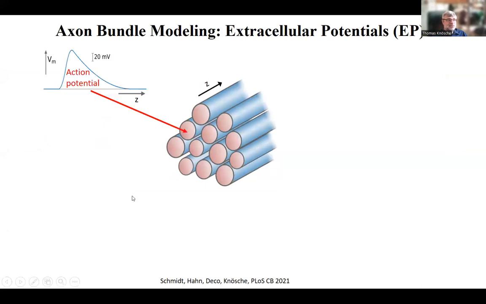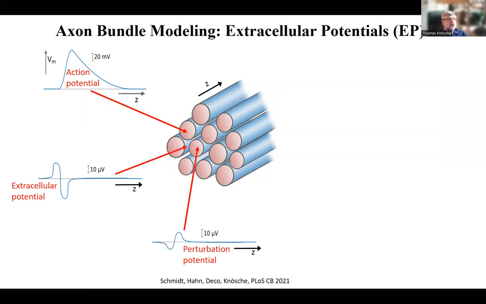If we have an action potential in one axon in a bundle with magnitudes of several tens of millivolts, then this causes extracellular potentials and in turn perturbation potentials in other axons. However, the magnitudes are quite small, so they're not quite likely to have a significant influence.